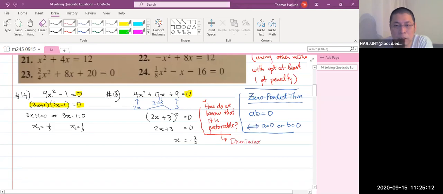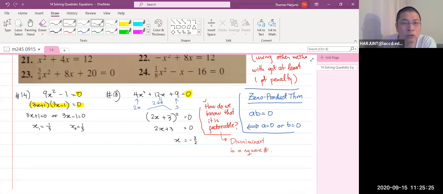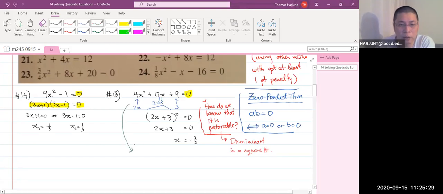The discriminant is a square number. So if you try to check that on this problem here, how do we know that's factorable? Then look at the discriminant. The discriminant is b squared minus 4ac.